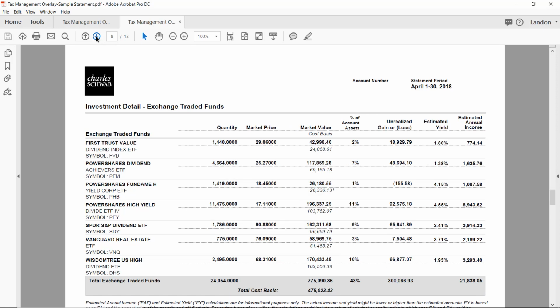So as you move along here, you'll see we've got some ETFs. As we get down to the bottom here, as you can see, we've got $300,000 of unrealized gains in all of these positions. So if we randomly sold them all, we would have to pay the 15% long-term capital gain rate on $300,000. That would be a big tax bill for the client.